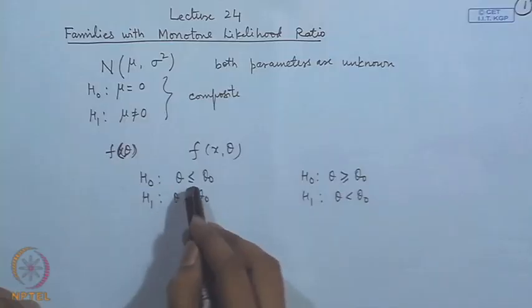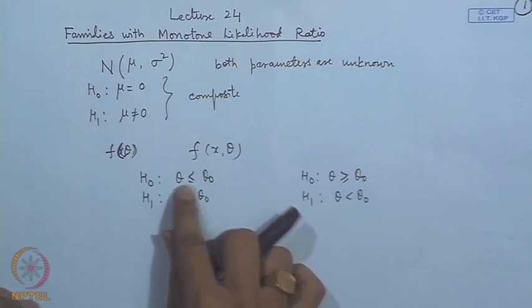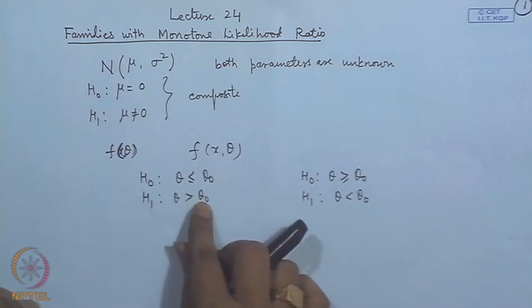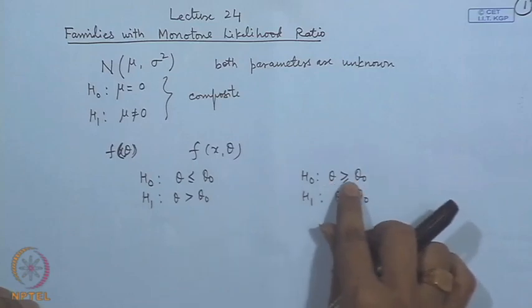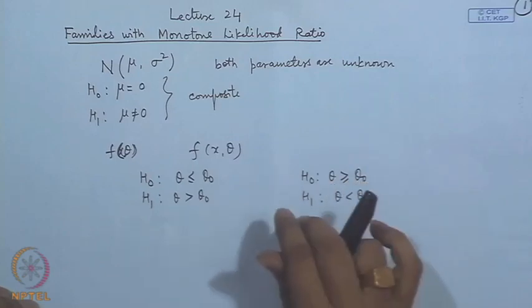In particular, for the one sided testing of hypothesis problems like theta less than or equal to theta naught against theta greater than theta naught, or theta greater than or equal to theta naught against theta less than theta naught, etc. For such cases, we are actually getting the uniformly most powerful tests. The results that are proved, they are actually extensions of the Neyman-Pearson fundamental lemma. So, firstly let me define these families.